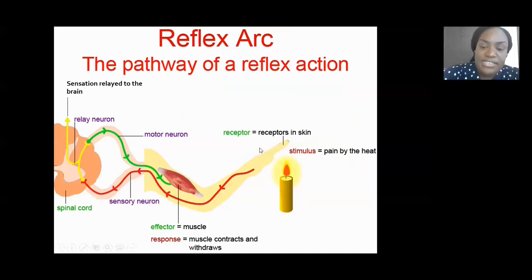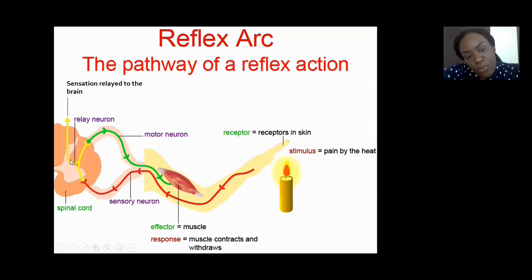As soon as your receptors in your skin detect that stimulus, that will translate into an electrical impulse, which will travel from your sensory receptors in your fingertips, along your arm, and into your spinal cord, where it will meet the relay neuron.